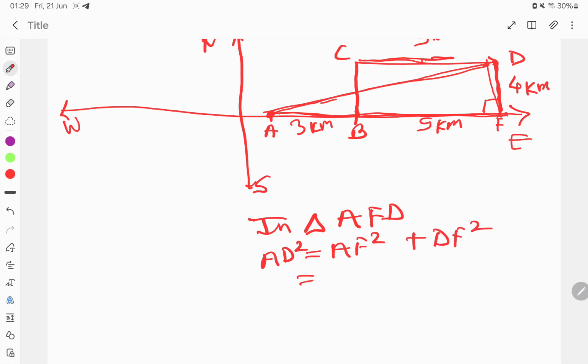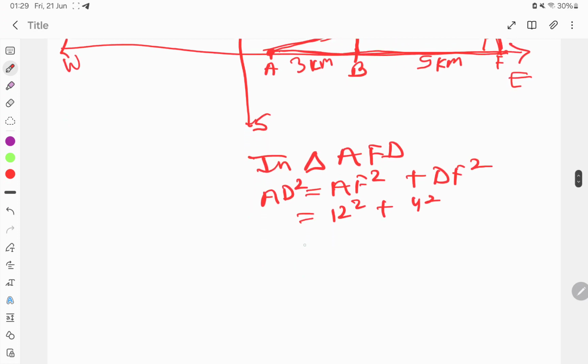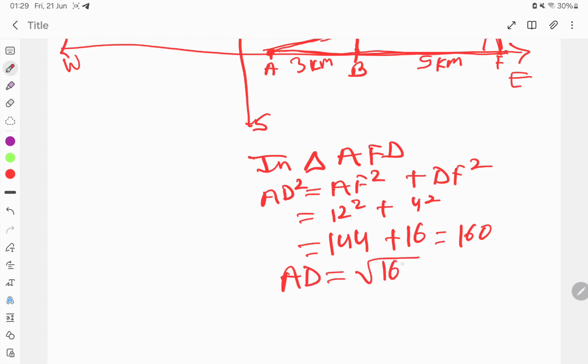So AF is simply 9 plus 3, 12 square, and DF is 4 square. 12 square is 144 plus 4 square is 16, which is equal to 160. So AD, or this final displacement, is equal to square root of 160, which is approximately 12.56 kilometers. So this one is the final displacement.